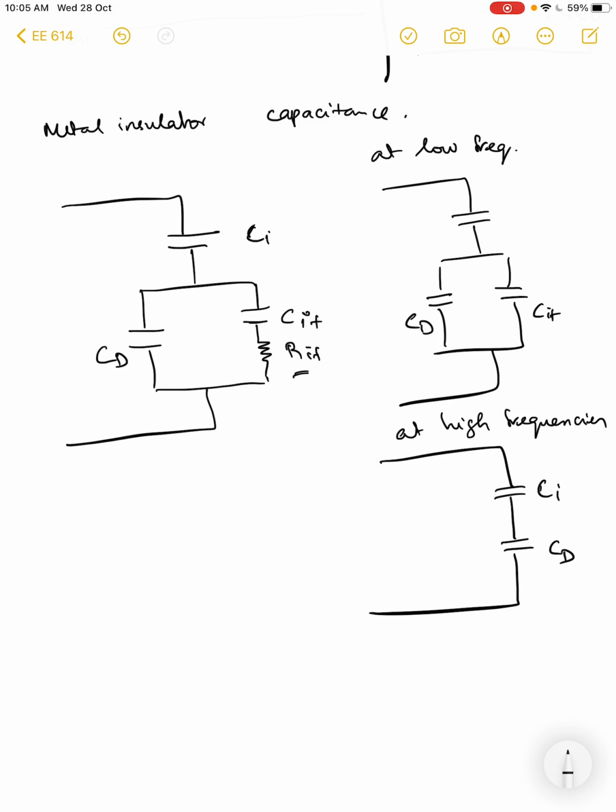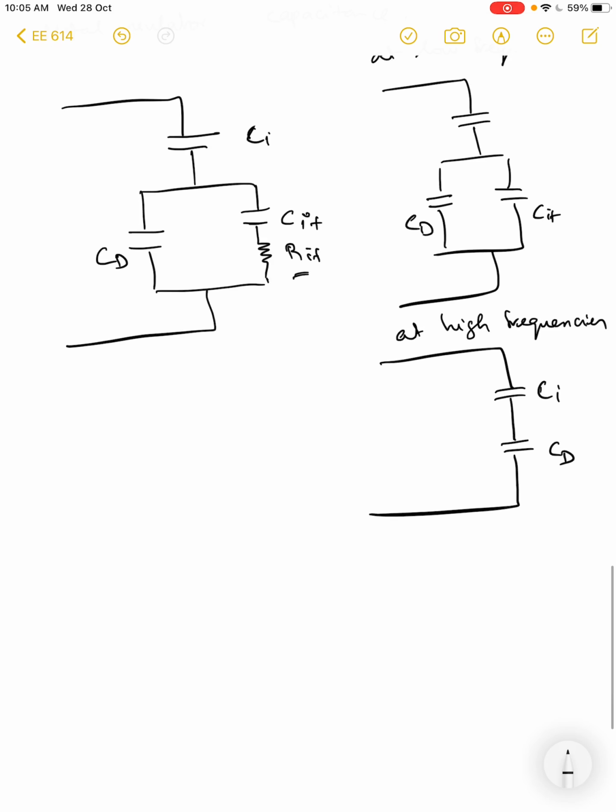But this is just related to the interface charge densities, which says that at high frequencies the interface charge densities do not contribute a lot, whereas at low frequencies you have the interface charge density in parallel with the depletion charge density, right?